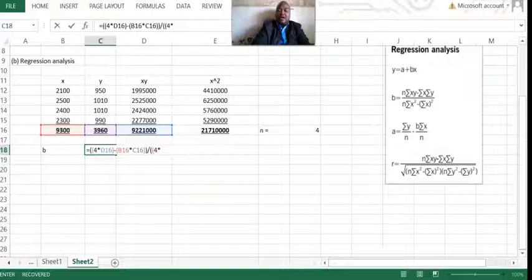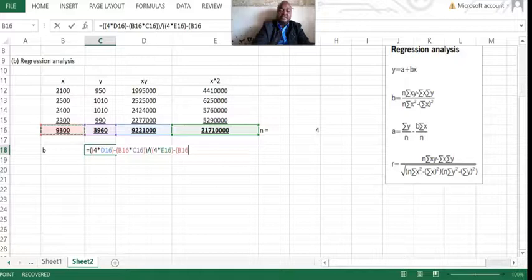4 multiplied by the summation of x squared. This is the summation of x squared. Close our bracket and we say minus, open bracket, summation of x squared.